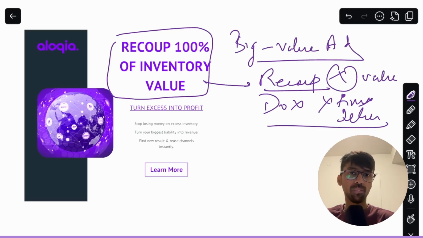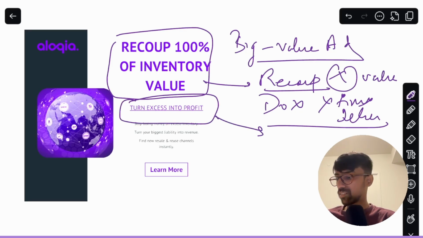This is a great hook because it makes your liability visible, and it makes sure that you're paying attention to it. And then immediately the next line is basically turning your liability into new revenue, making sure that you turn your excess into profit.